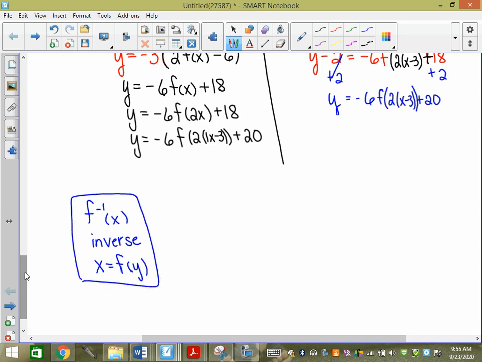Or if it says reflection in the line y equals x. Any of these 4 things, you just can't do it yet. You'll be able to after tomorrow.